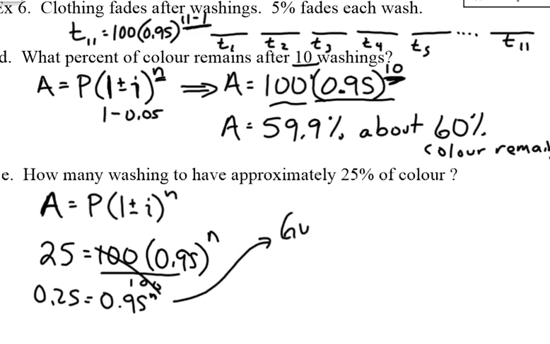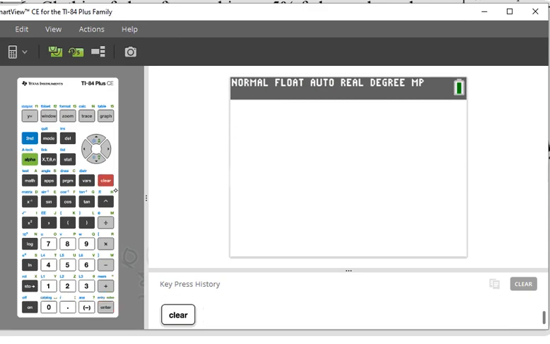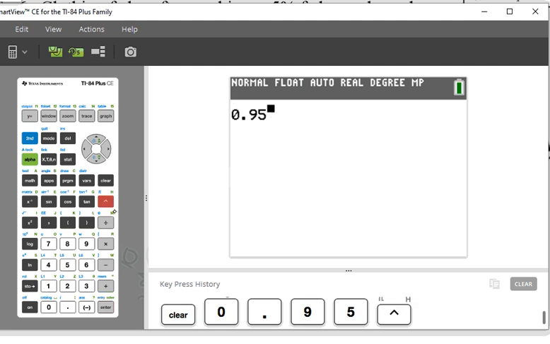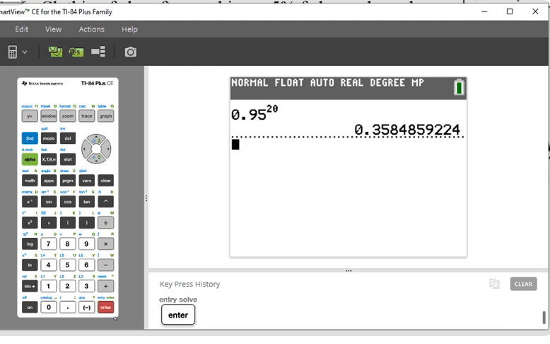This is done through guess and check. So we have to guess and check. Back to the calculator, 0.95 to end up with 0.25. So our 0.95 R value, we guess and check with exponents. We want to end up with 25% left. Let's say 20 washings, 0.35, not enough.